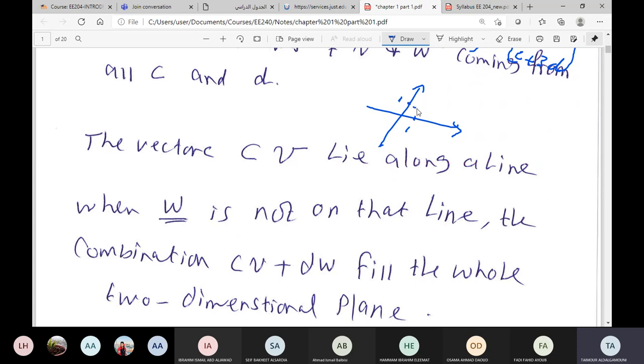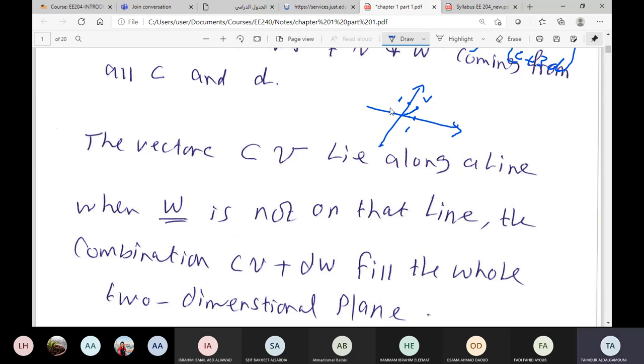If we take this point, which is the intersection of the coordinates, and we connect it with the origin by a line, this is the vector v.